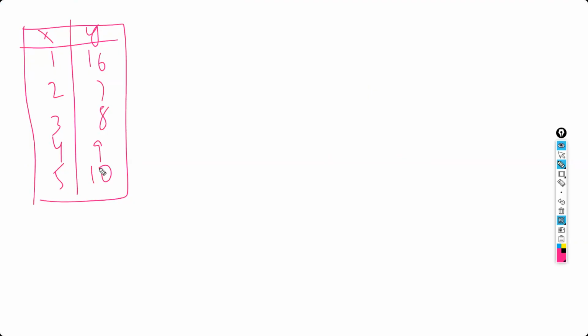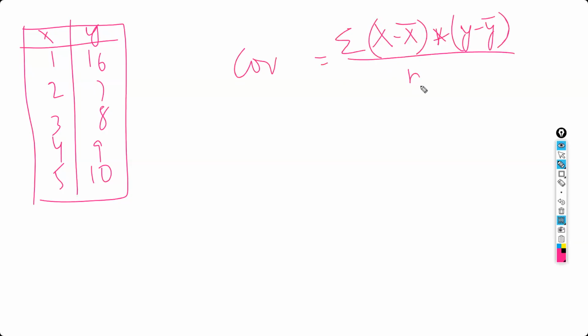First, I'm going to calculate the covariance of x comma x. What is the covariance formula? Covariance is the sum of the first column minus its mean, times the second column minus its mean, divided by n minus 1.